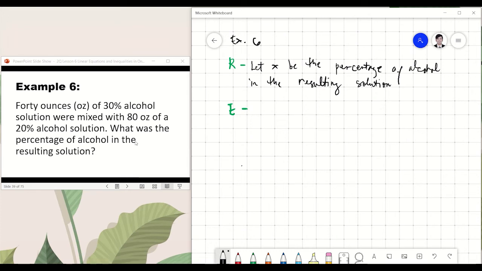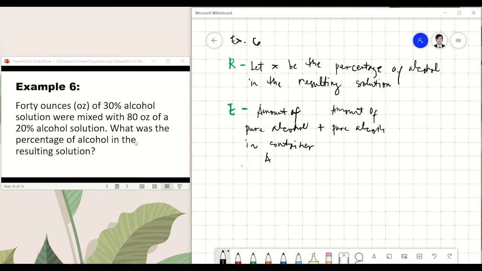So we will be able to come up with the idea that the equation is simply: the amount of pure alcohol in the first mixture, in container A, added with another mixture of pure alcohol in another container, container B. When we mix them up, we will come up with a new solution.